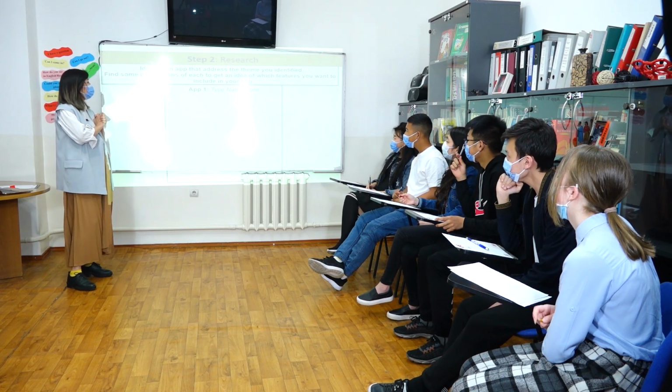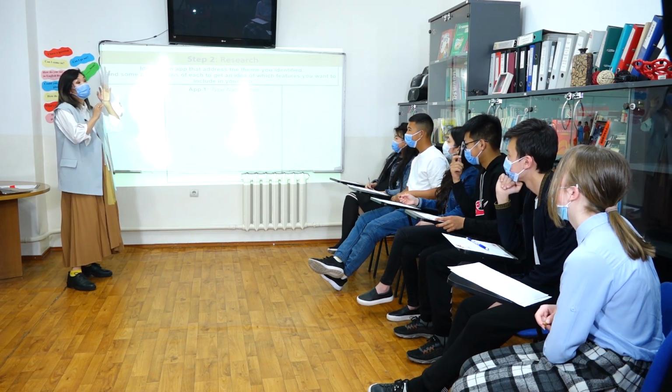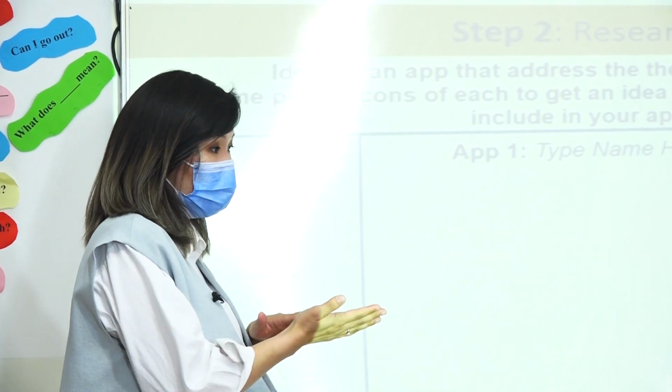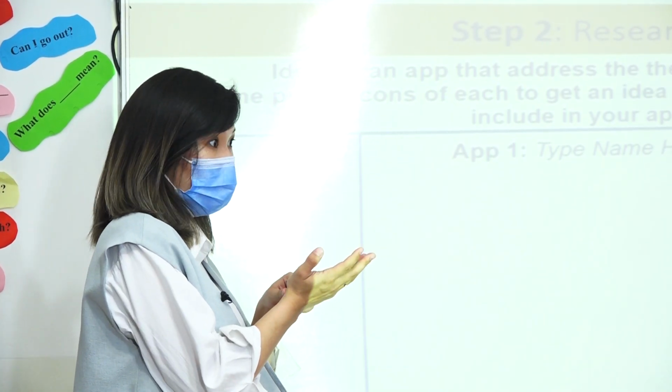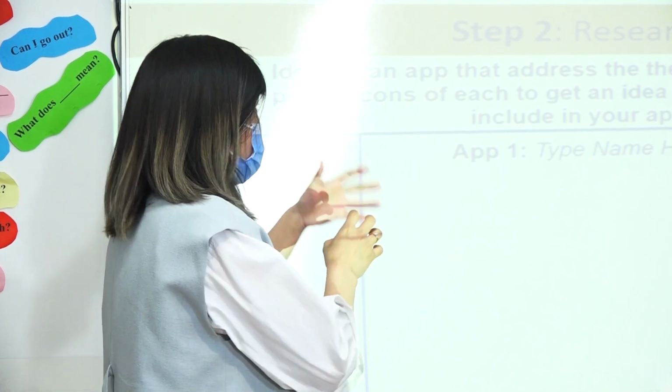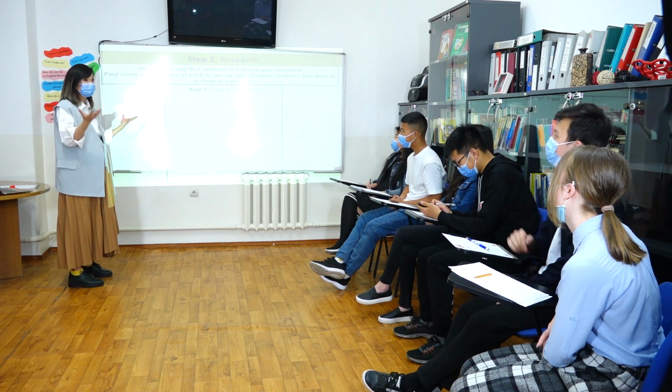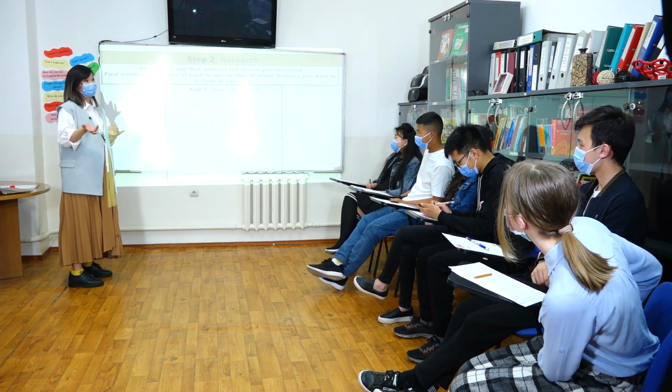Okay, now we are going to do some research. So you need to open your phones and find some apps that address the theme you chose. Okay, so what kind of apps have people already created?